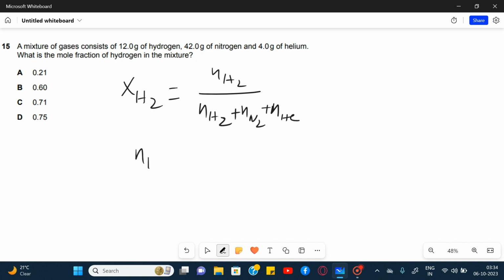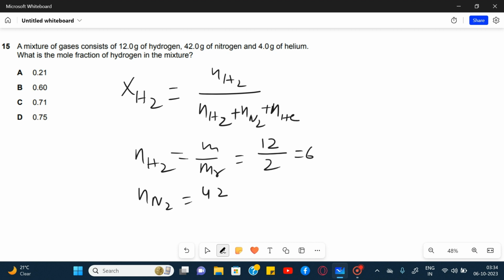Number of moles of hydrogen, let's find out this one. We know that number of moles is equal to mass upon molar mass. Mass of hydrogen given is 12 grams and molar mass of hydrogen gas will be 2, so it is equal to 6. Similarly, number of moles of nitrogen will be mass upon molar mass. Mass is 42 grams and molar mass is 28, so you will get 1.5 moles.